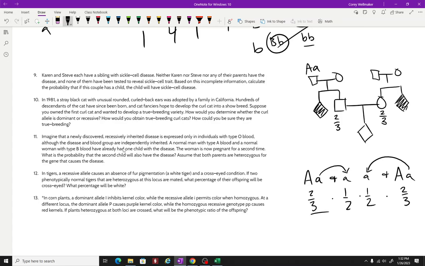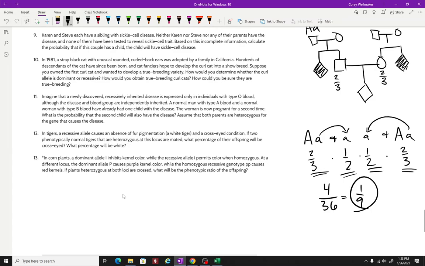So all of these have to happen. Not only do both of them have to be carriers, but both of them also have to pass down little a. So the total probability is 4 over 36, or 1 over 9. I think this is literally one of the exact same problems that we worked through on the sickle cell and blood type activity.